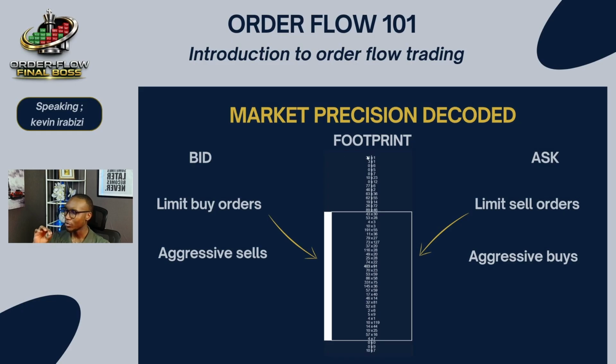So we said if you have a cluster and it's showing you 33 to 1, this cluster is simply telling you on the bid side we have 33 aggressive sellers, and on the ask side we have 1 aggressive buyer. That is why you might as well call it the delta footprint, because it's showing you everything done already aggressively. Or simply the smart tape, we've covered that.